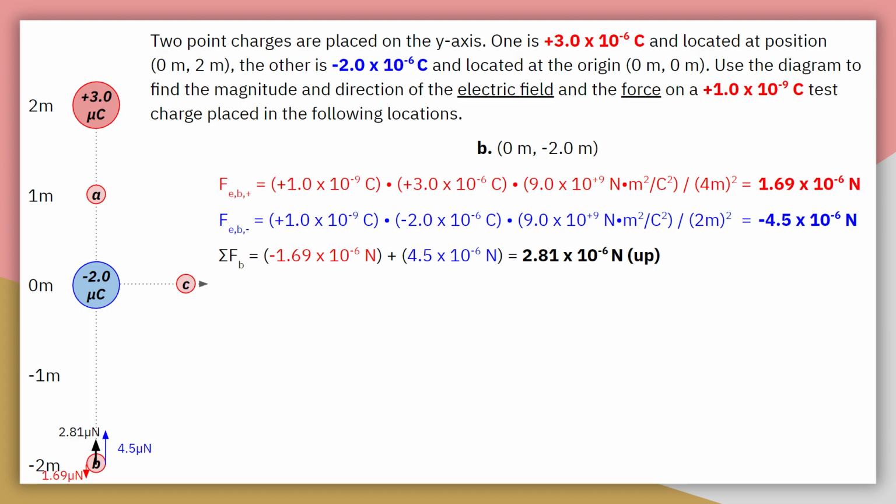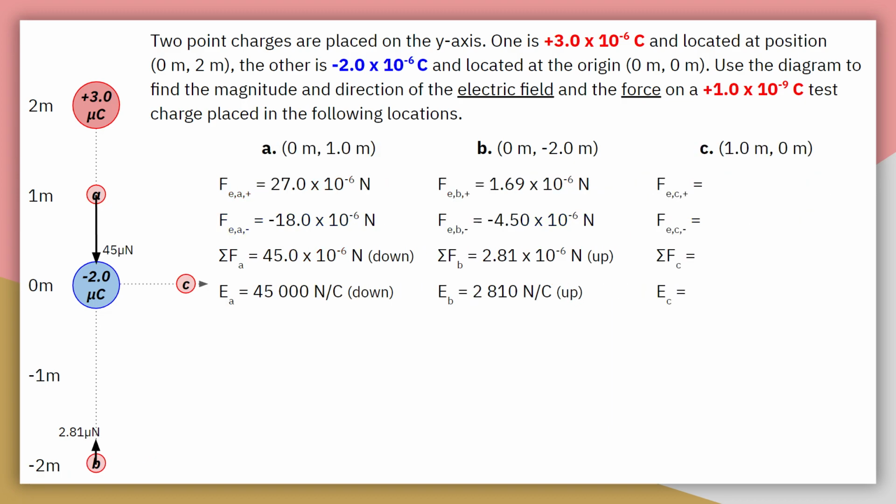When we add those two together, we ended up with 2.81 micronewtons of force pointing upwards. Dividing that by the charge of the test charge, we end up with 2,810 newtons per coulomb. Now, we can add that to our table, leaving us just with point C.